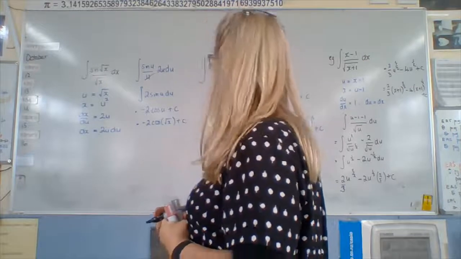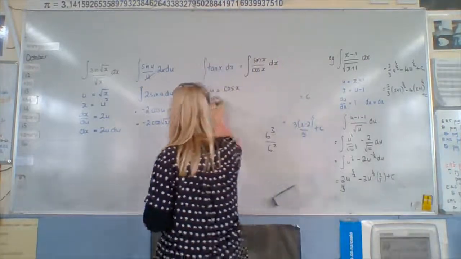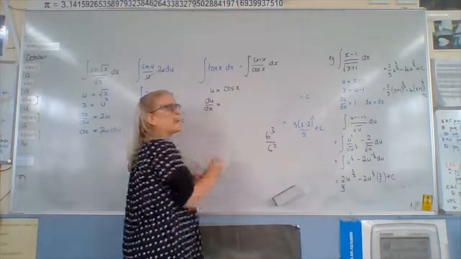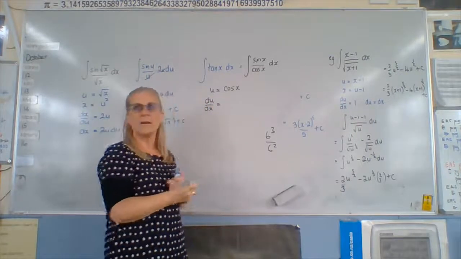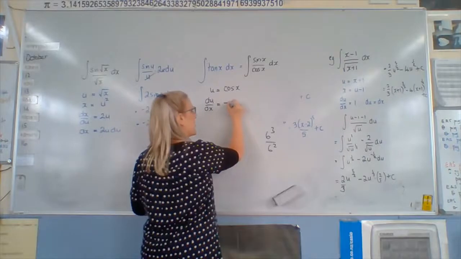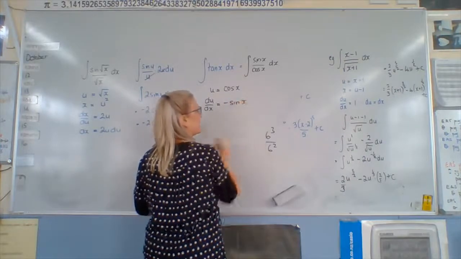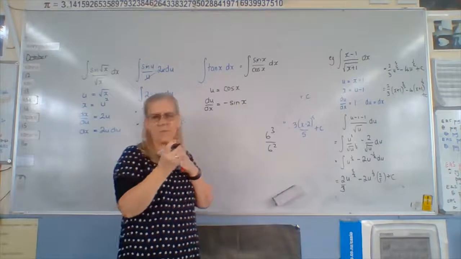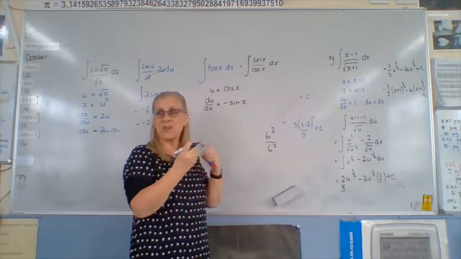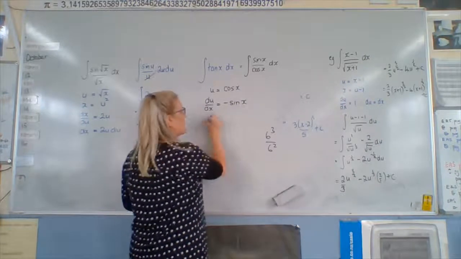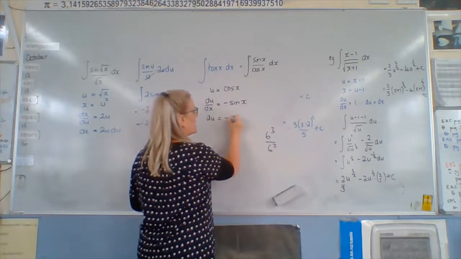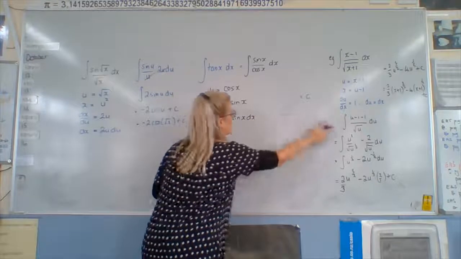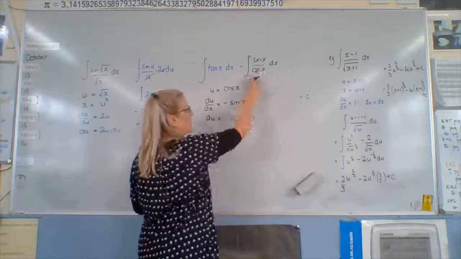So, if we do that, what is du by dx? Minus sine x, right? Differentiating, getting a bit complicated because we're muddling up differentiation and integration a bit. So du is equal to minus sine x dx. So we go back to here to rewrite.